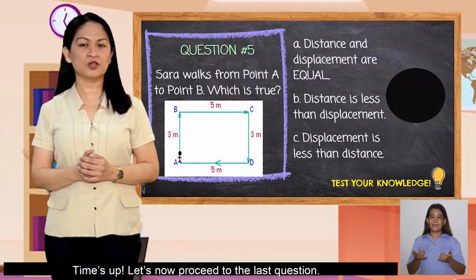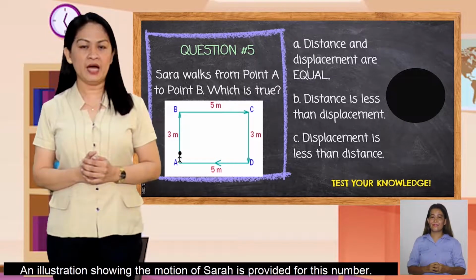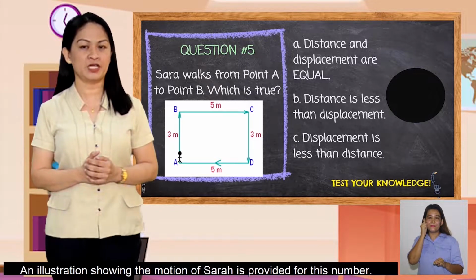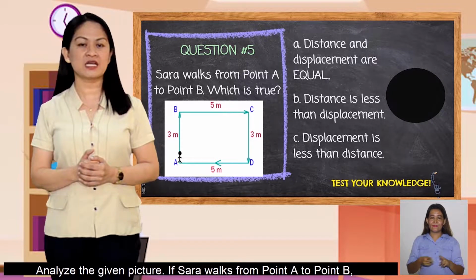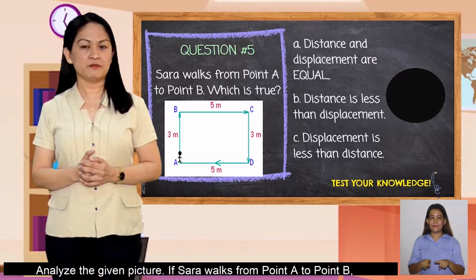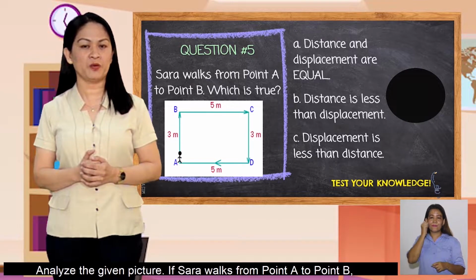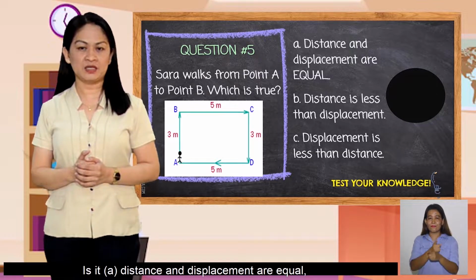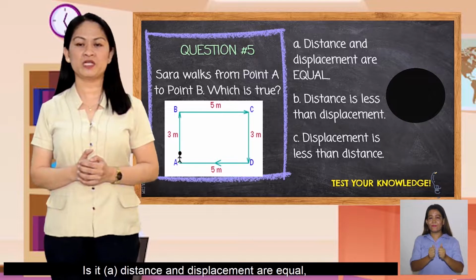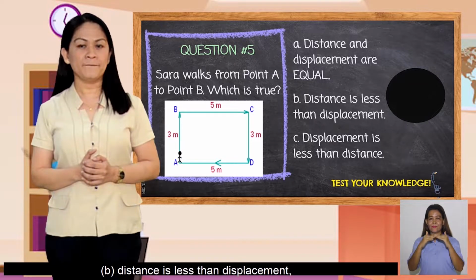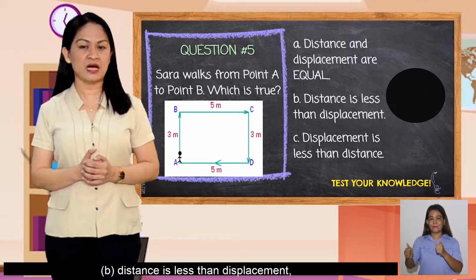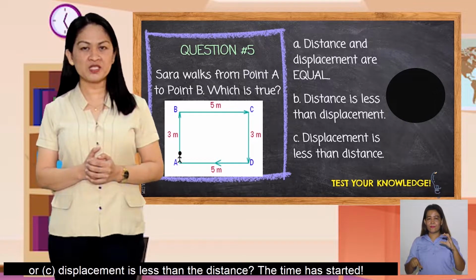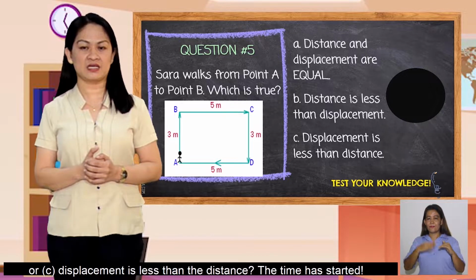Let's now proceed to the last question. An illustration showing the motion of Sarah is provided for this number. Analyze the given picture. If Sarah walks from point A to point B, which statement is true? Is it A, distance and displacement are equal, B, distance is less than displacement, or C, displacement is less than the distance?